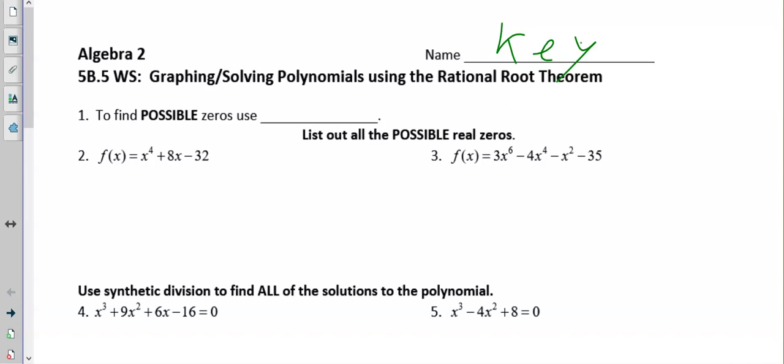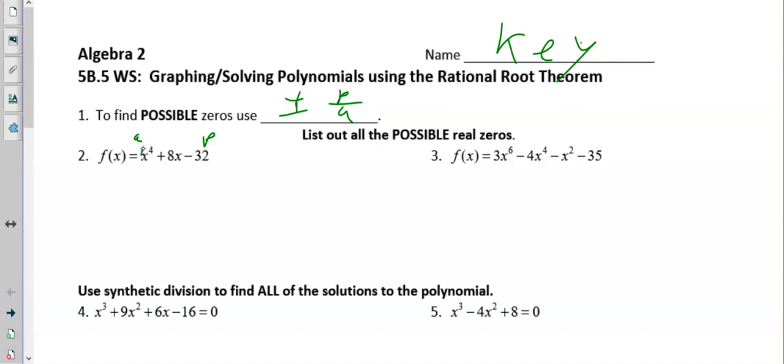All right, 5.5 homework. So, number one, define possible zeros. Remember, we do plus or minus P over Q. Okay, so all the factors of P over Q, which in this case is 1.